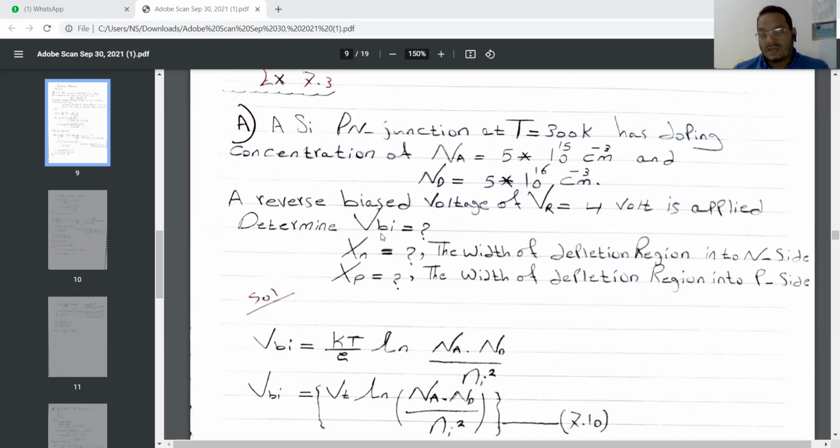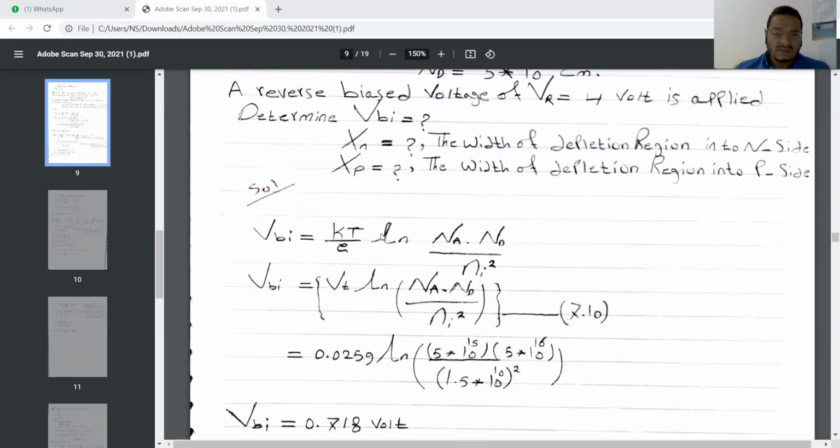We know the appropriate equation to find the result for the built-in barrier potential. This equation is 7.9. VT, like we know, that means kT divided by the electron charge, equal 0.0259, ln Na times Nd divided by the intrinsic carrier concentration.